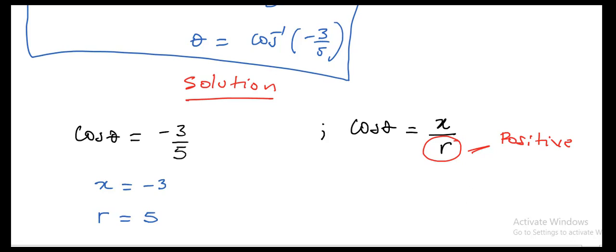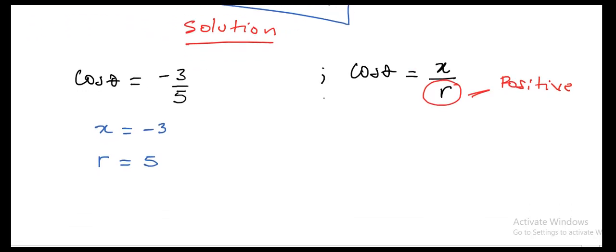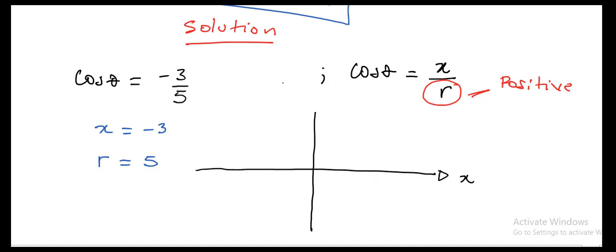This is the way our diagram will look. This is x and this is our y. Therefore, x will be here, -3. Are we together? This is -3.